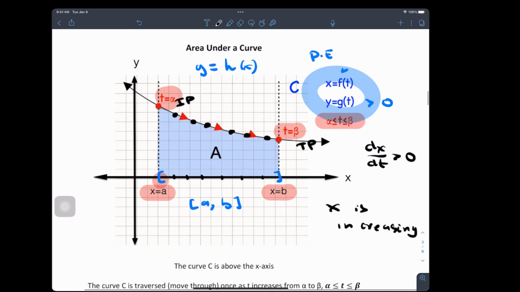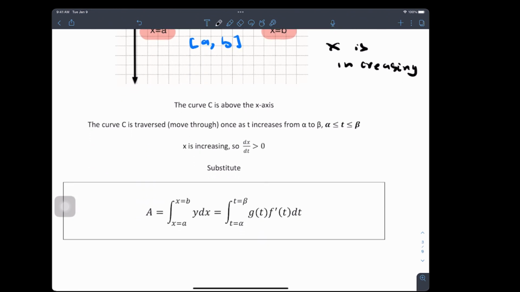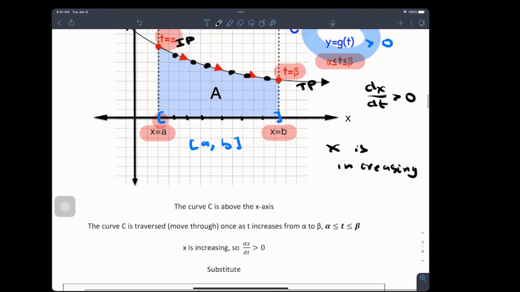Okay, so I'm just pointing out some of those details that I'm mentioning here in the notes: the curve C is above the x-axis, and the curve is traversed once as t increases from alpha to beta. This is what we're saying. So my x coordinate is increasing. That means dx/dt is positive. So now I'm going to really take a look at your area formula.